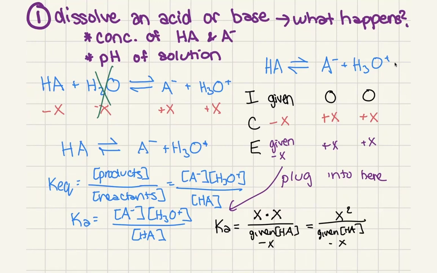We can then use this equation when we have the pKa by recognizing the relationship between the Ka and the pKa. Remember that Ka is also going to equal 10 to the minus pKa, and that is going to equal X squared over the given acid concentration minus X. In order to actually solve these equations, we're going to have to use the quadratic formula.